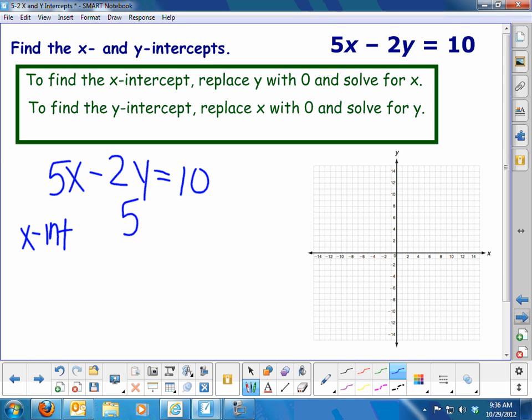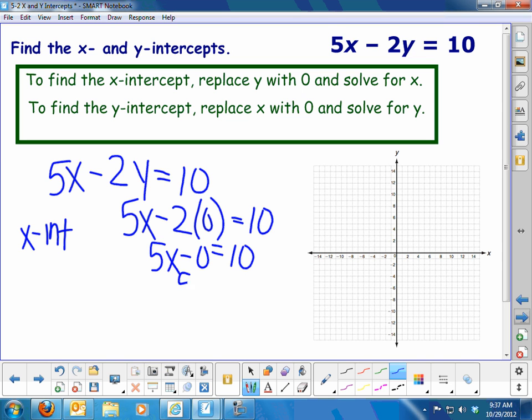So I simply need to substitute 0 for y. When I solve this, I get 5x equals 10. So what does x equal? 2.